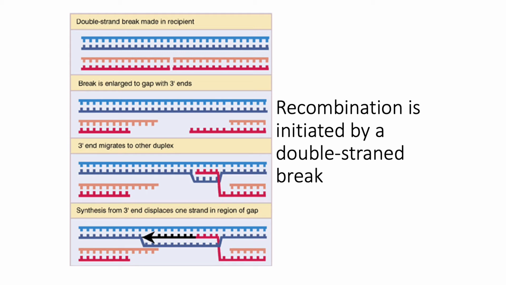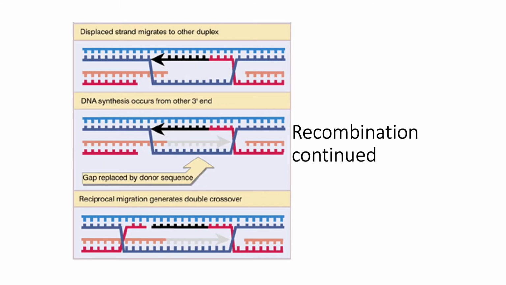So as the polymerase keeps going down the strand, displacing more and more of the blue strand, that strand can come over and hybridize to the red chromosome. So again, we need to resolve these Holliday structures. There'll be two of them here, and they can be resolved in two ways. One way puts it back the way it was, and the other exchanges the information on the two chromosomes.